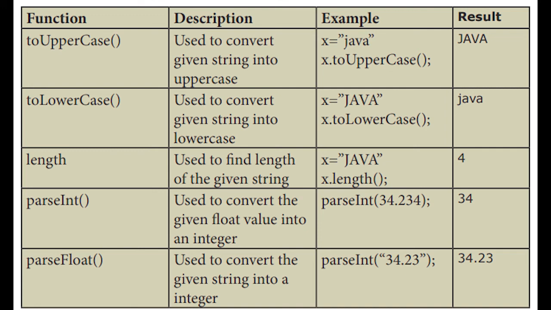That means parseInt will convert the float value into an integer. And the other one is parseFloat. It is used to convert a string into a number, or a float. So whatever you have given, it will convert it into a number or a float.